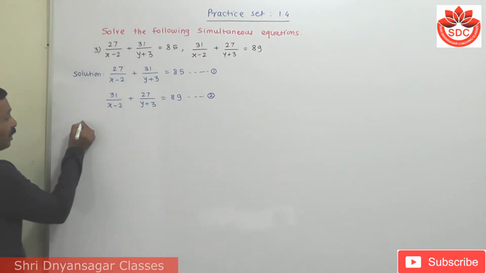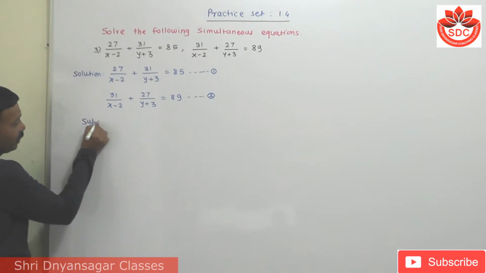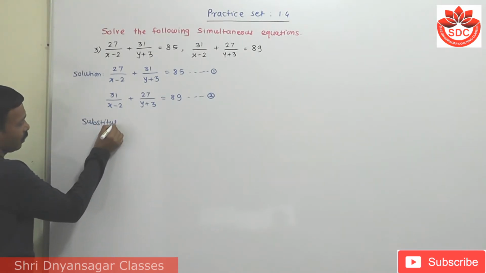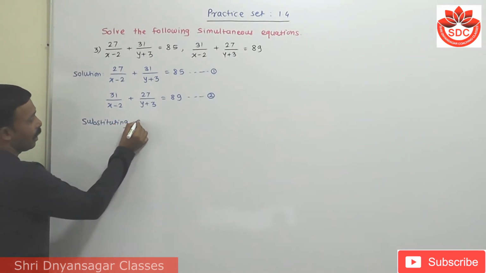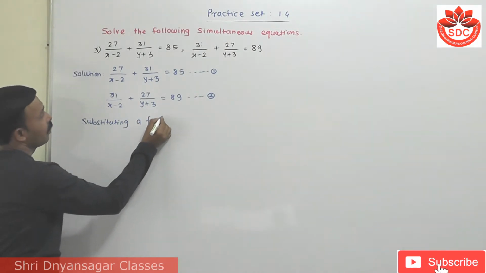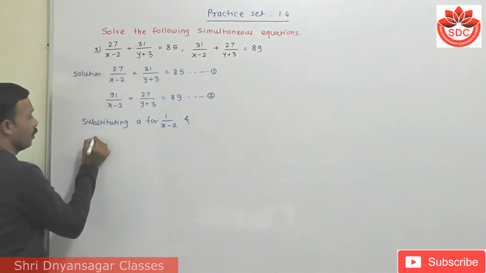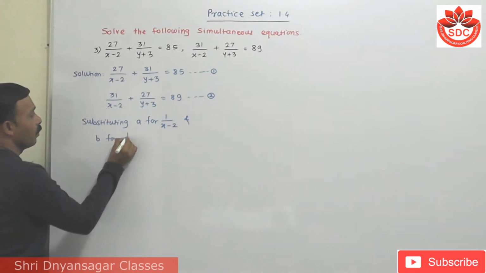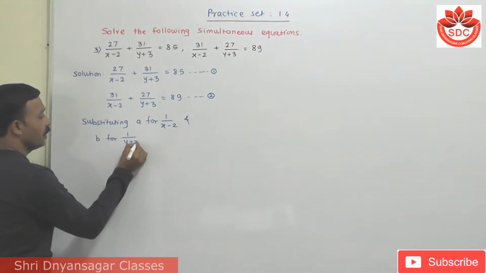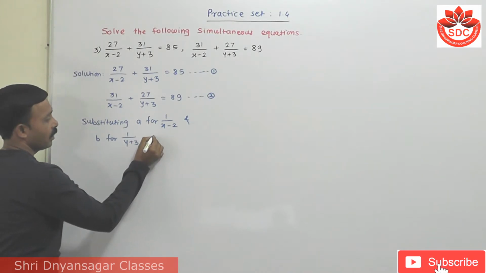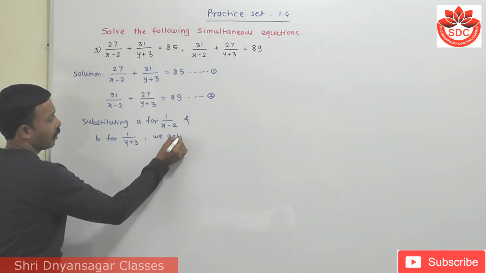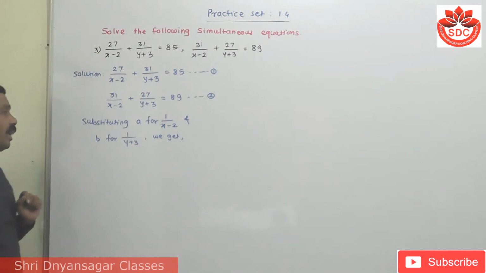So here I write, substituting a for 1 upon x minus 2 and b for 1 upon y plus 3, then the equation will be as follows.